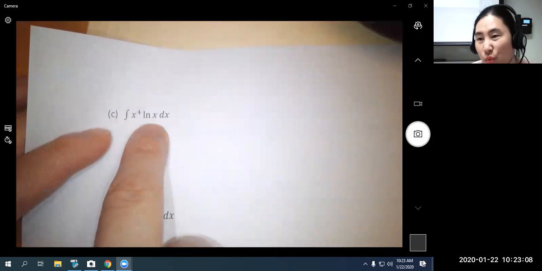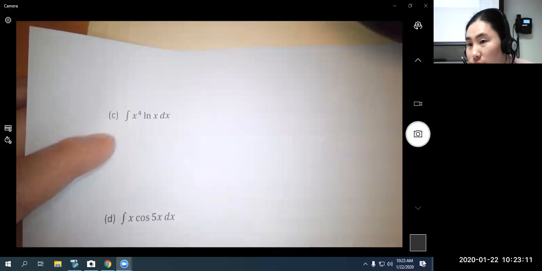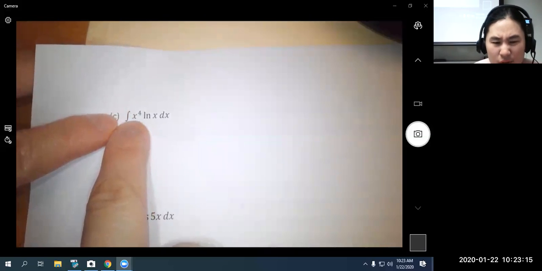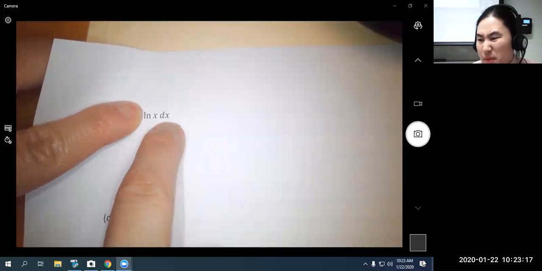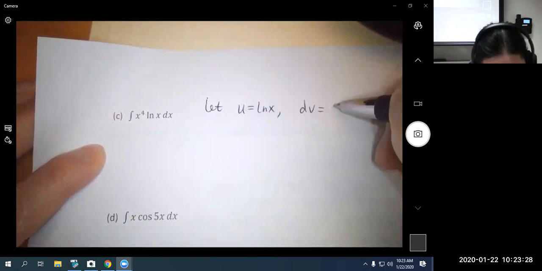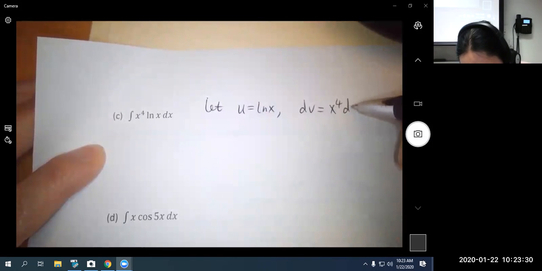Which function do you want to be our u? Because if you let u equals x to the 4th power, ln x will become dv. We have to integrate ln x, and we still don't know that, right? So let u equals ln x, dv equals x to the 4th power dx.